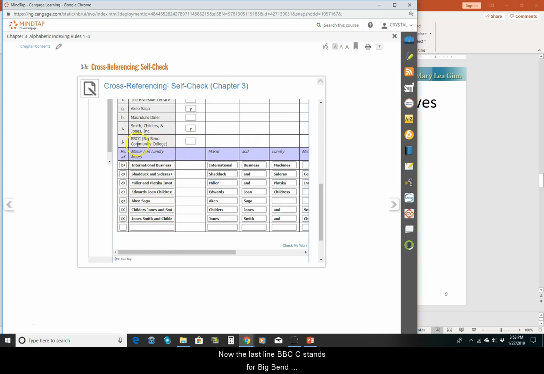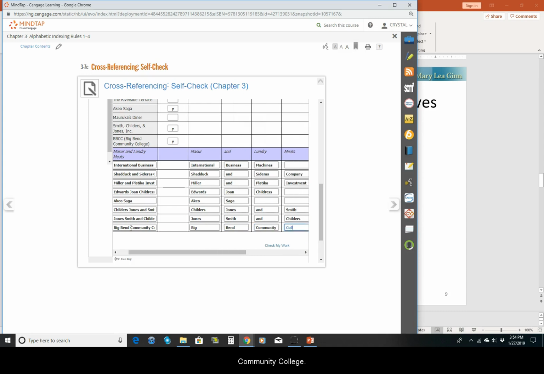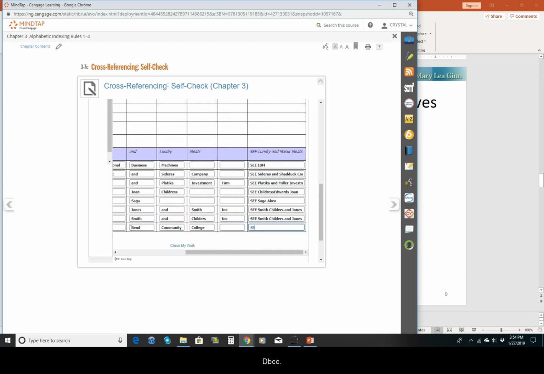Now the last one, BBCC, stands for Big Bend Community College. So yes, I need a cross-reference, because if someone were to ask for it or look for it under Big Bend Community College, and I index it that way, you would tell them to see BBCC.